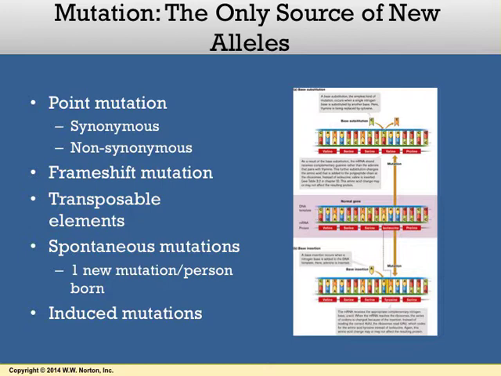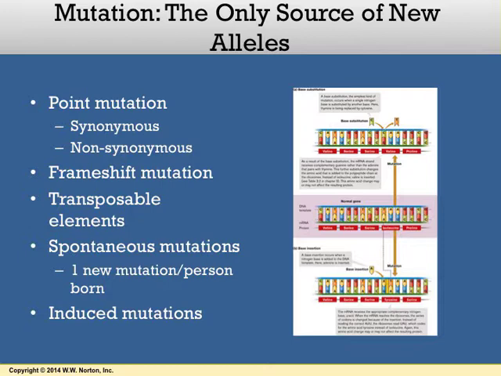Since nucleotides are read in groups of 3, or codons, this dramatically changes the DNA sequence, resulting in entirely different amino acids being coded for, and thus an entirely different protein. Genes can copy themselves and be inserted into different regions of the genome. These are called transposable elements.